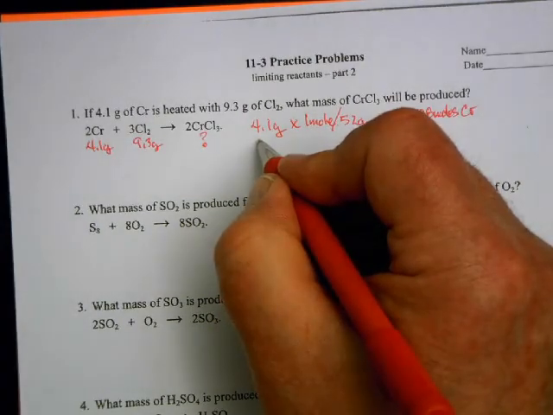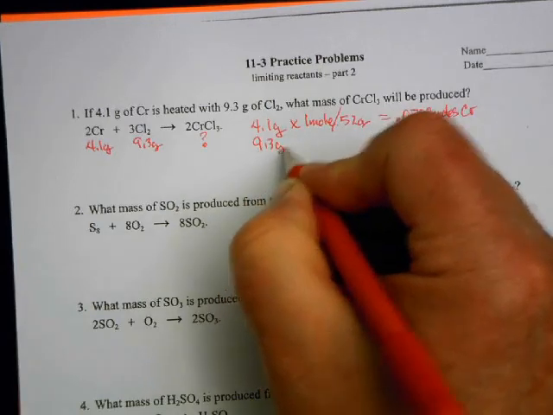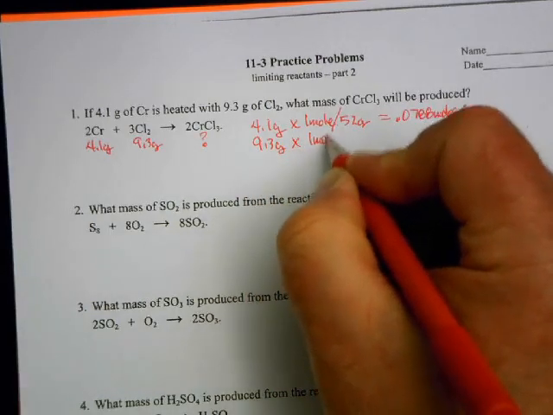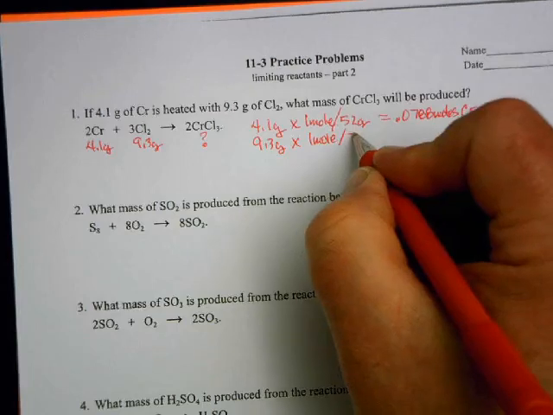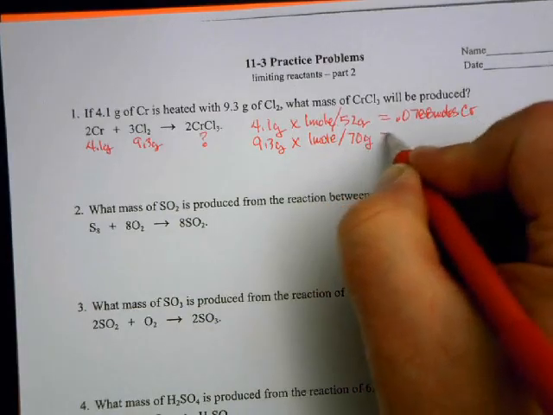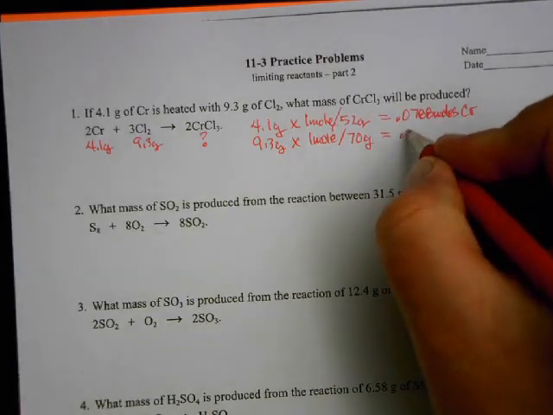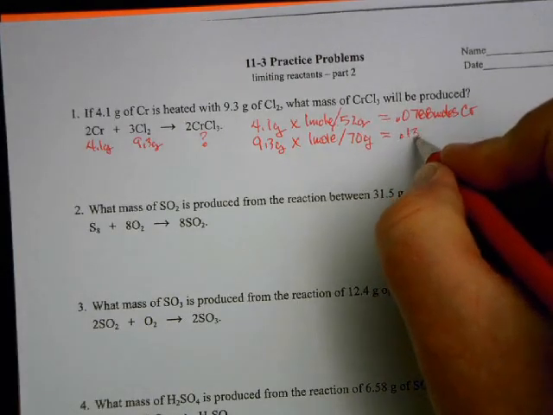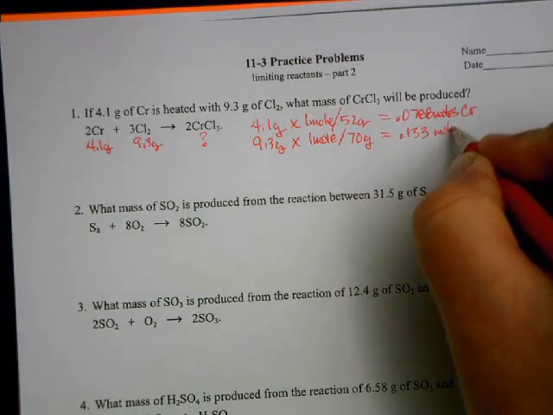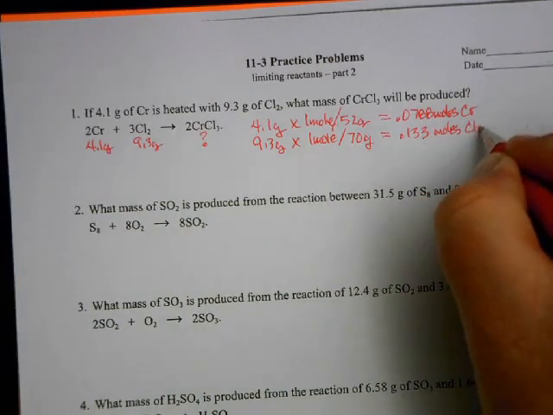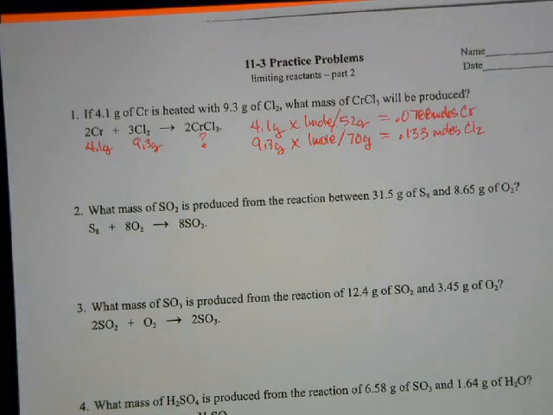And then for the chlorine, we have that. Okay, first step is always go to moles.